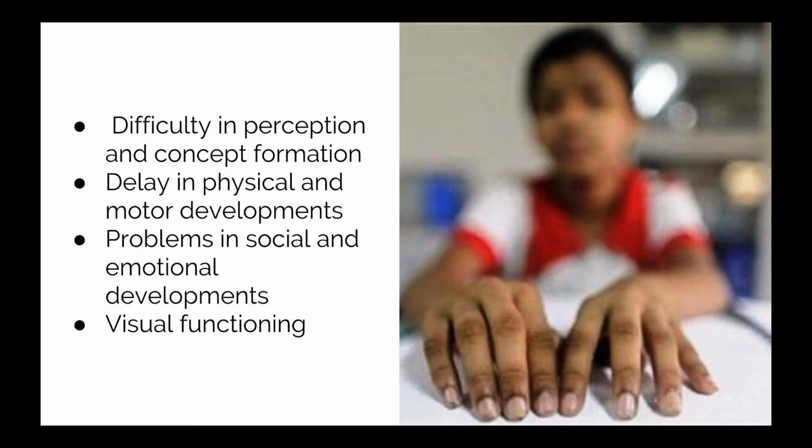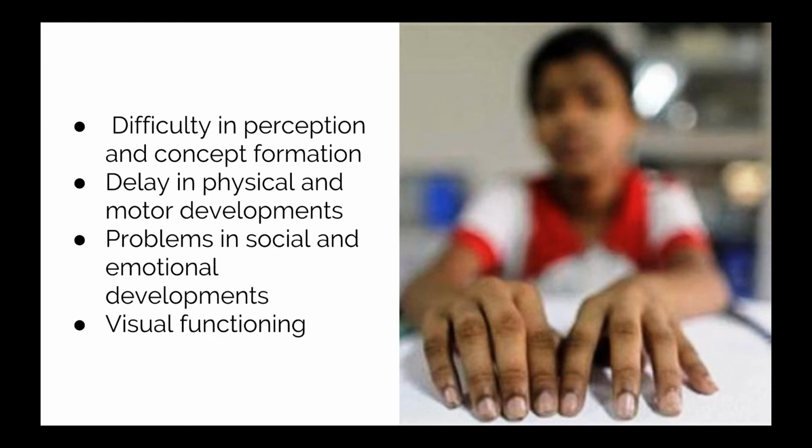Okay, how does blindness affect the student's ability to perform in school? Students may experience difficulty in perception and concept formation, so they may need to obtain information through other means, such as auditory, tactile, or olfactory. Students may also experience a delay in physical and motor development, so they may display poor posture or poor hand control. They might easily bump into furniture, equipment, or people.